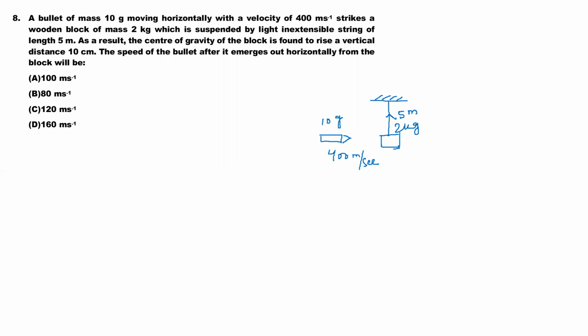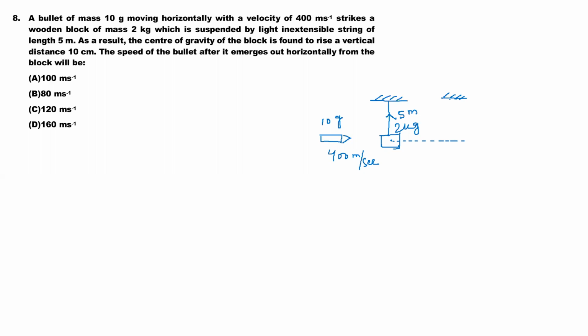And the string length is 5 meter. It just penetrates. So when it penetrates, this was the level of the center of gravity. After penetration, the block is found to rise a vertical distance of 10 centimeter.